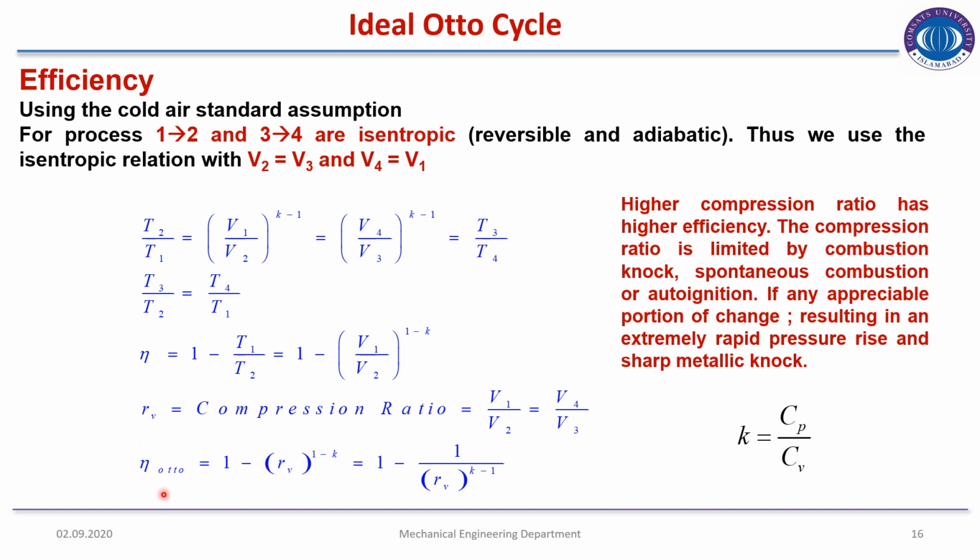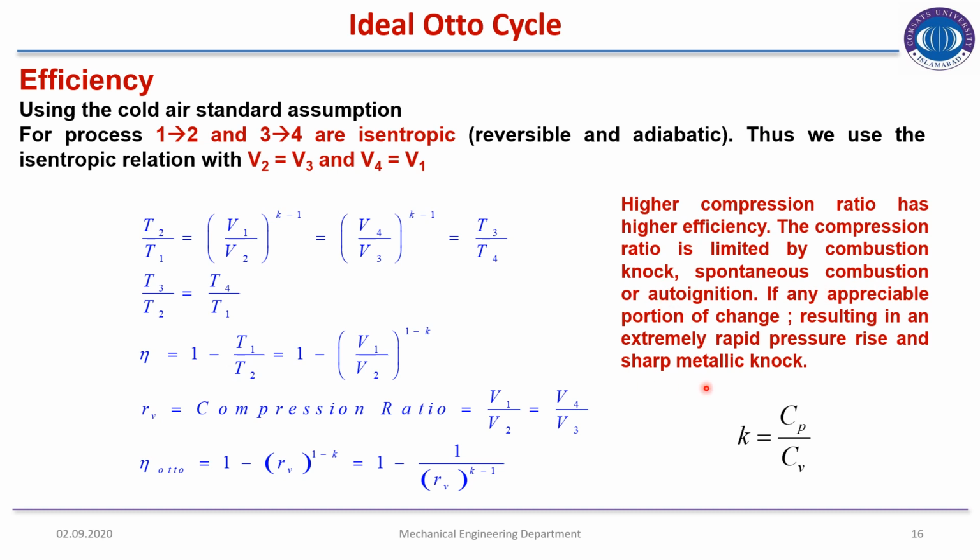If we closely look at the efficiency of the ideal Otto cycle, we will see that if we increase the compression ratio, for example the efficiency of a certain Otto cycle is 10%, as we start increasing its compression ratio, it increases up to 30-40%. But if we increase the compression ratio more, there will be the phenomenon of combustion knock.